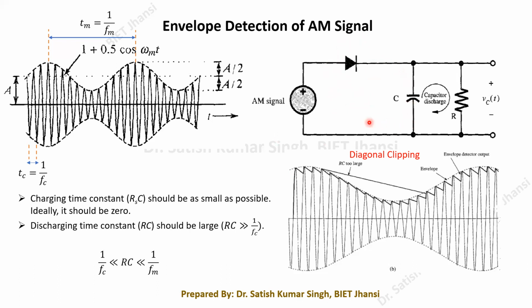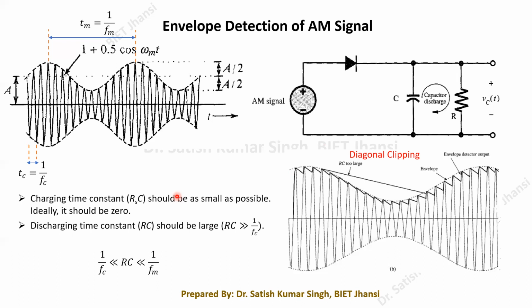I will call this charging time constant RsC. In any resistor-capacitor circuit, the time constant is given by the resistance multiplied by the capacitance. If you do not have this idea, please go through any circuit theory book.